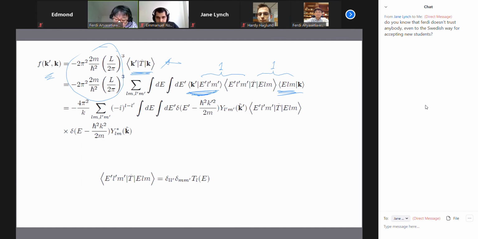We get two delta functions, one from this one and another one from that one. So these are the two delta functions. The two delta functions, of course, can just be integrated because they're just delta functions.